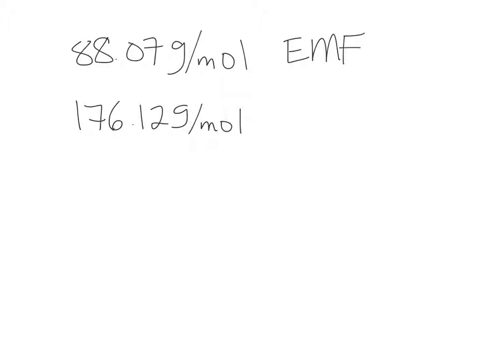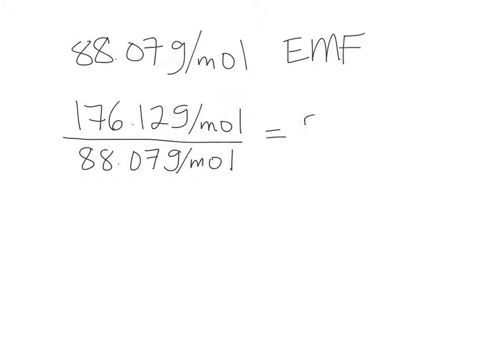So what you do is you take your molecular formula mass, divide it by your empirical formula mass, and that tells you how many times your empirical formula is in your molecular formula. So if I take 176 divided by 88, I get 2. So my molecular formula is my empirical formula times 2.